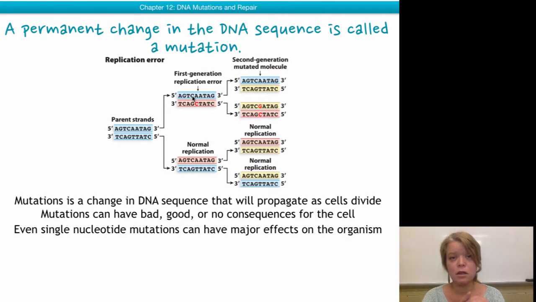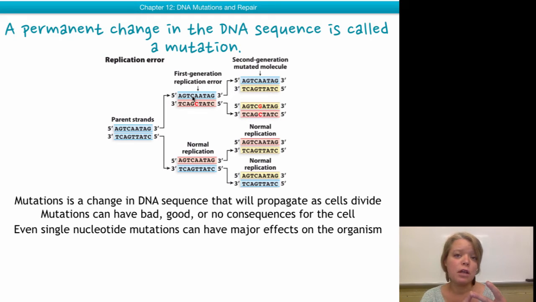Several reasons I can bring up right now is that our genetic code is degenerate. So several different nucleotide combinations can code for the same amino acid. The other important thing for eukaryotes is that a lot of the DNA that eukaryotes carry is not actually coding for anything.